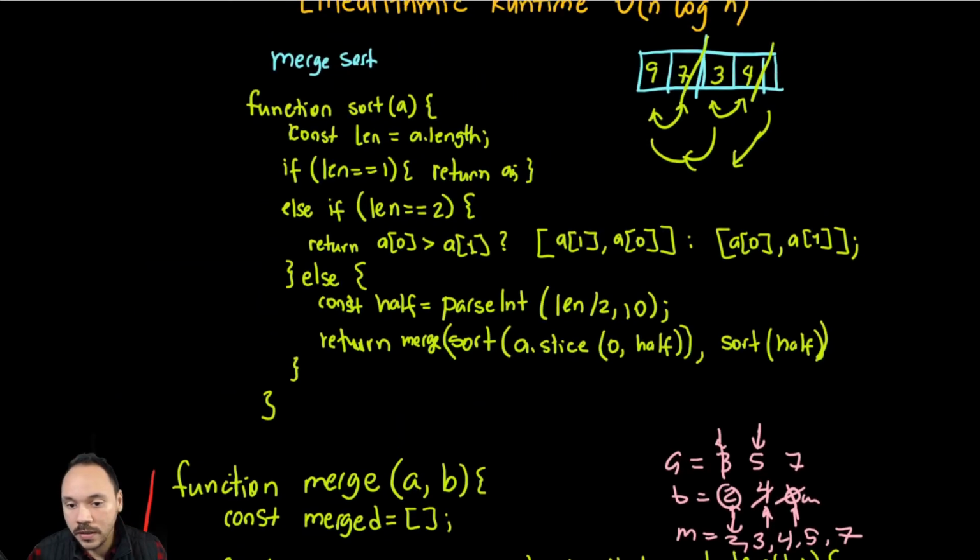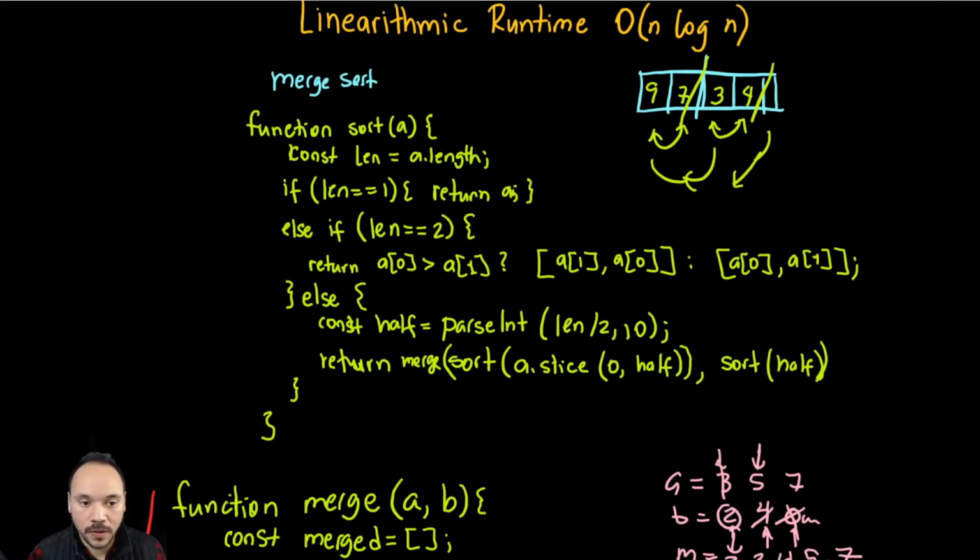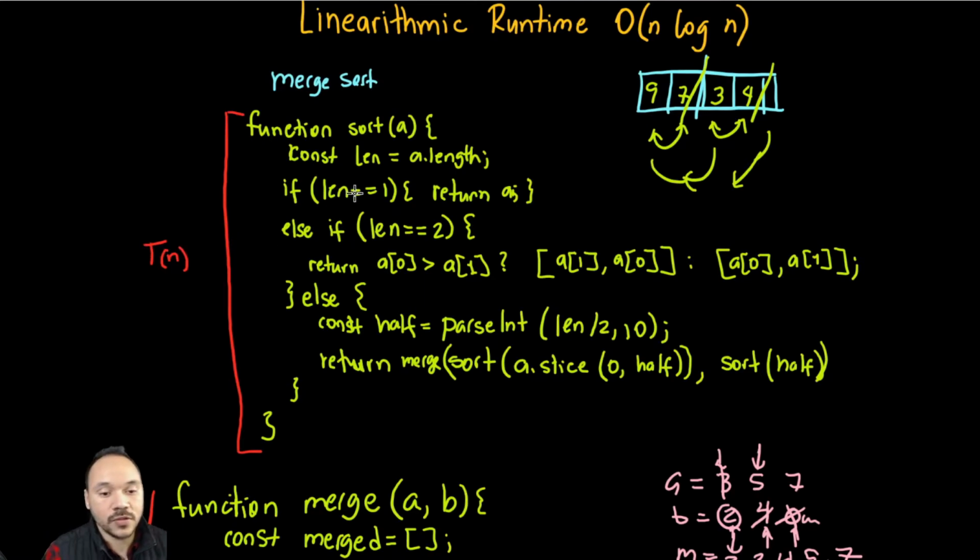What about this part on the top? What about the merge sort part? So if we represent this function in terms of time complexity, the time it's going to take to run this function will depend on the size of the array.